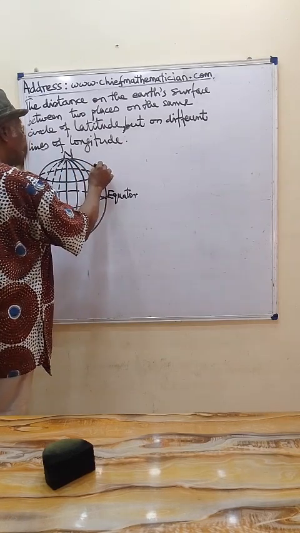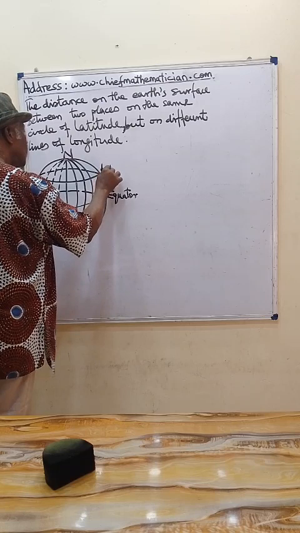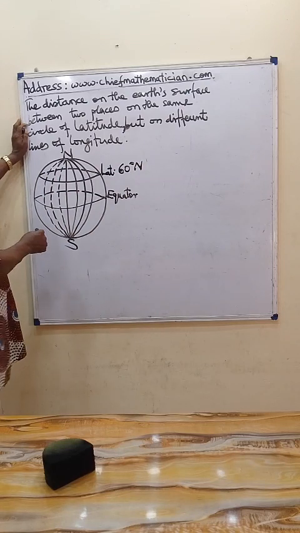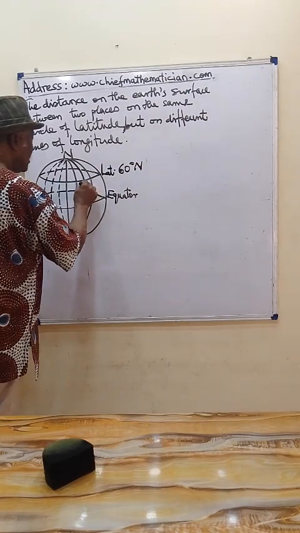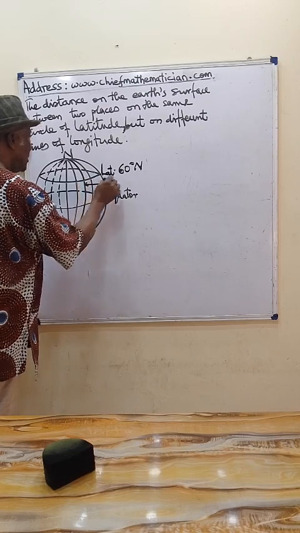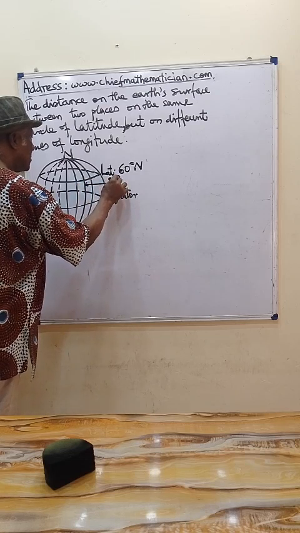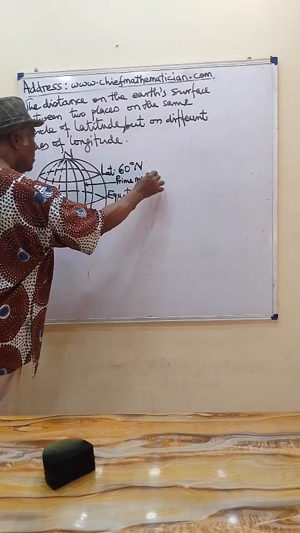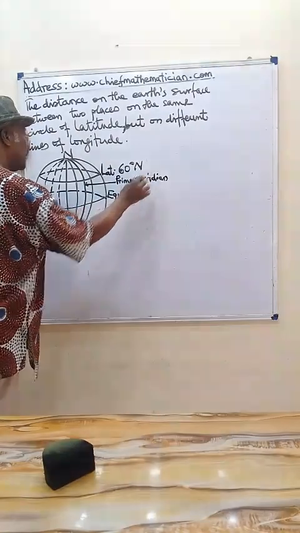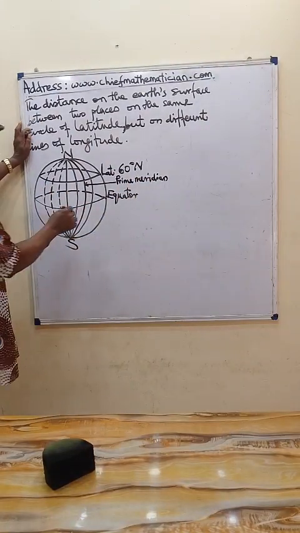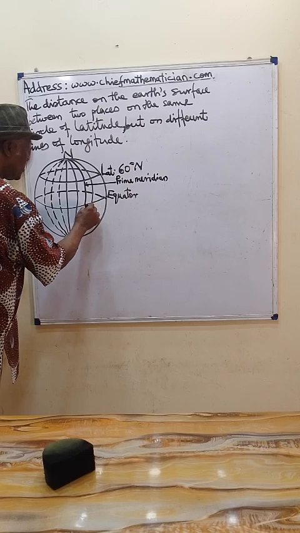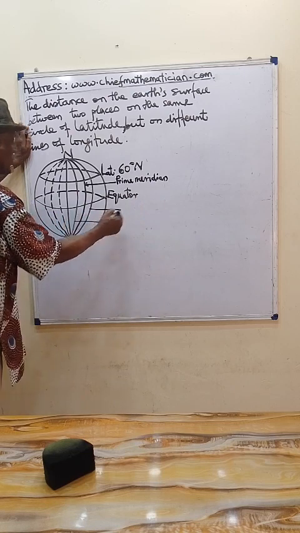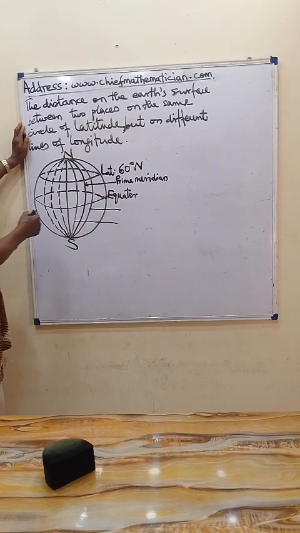Let us again take latitude 60 degrees north. And now, of course, this is the prime meridian. And this is a longitude east of the prime meridian, and this is a longitude west of the prime meridian.